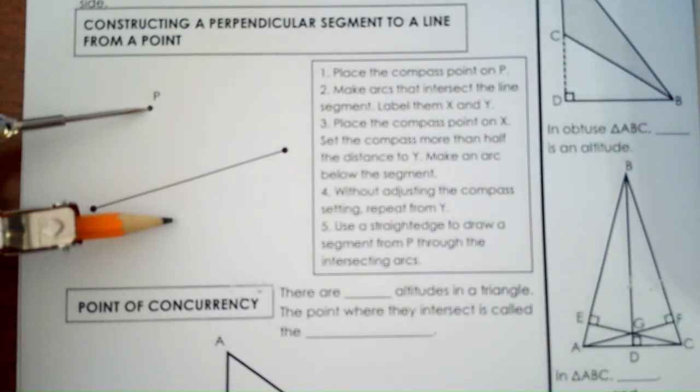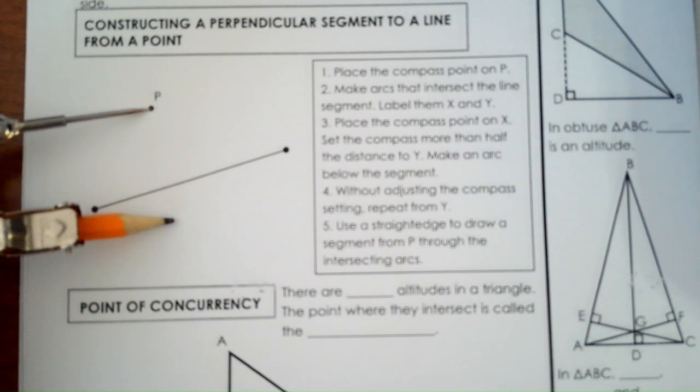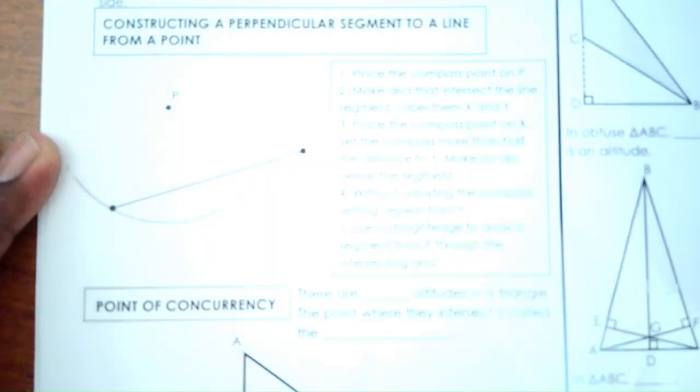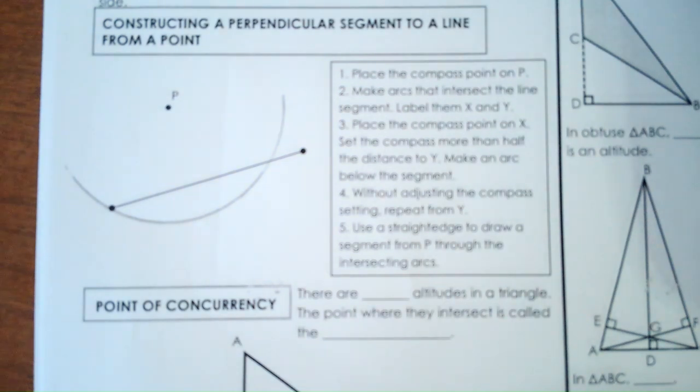I don't necessarily need to connect it, but I do need to make sure that it hits both sides. So here's my arc. It did hit both sides of what we had here.